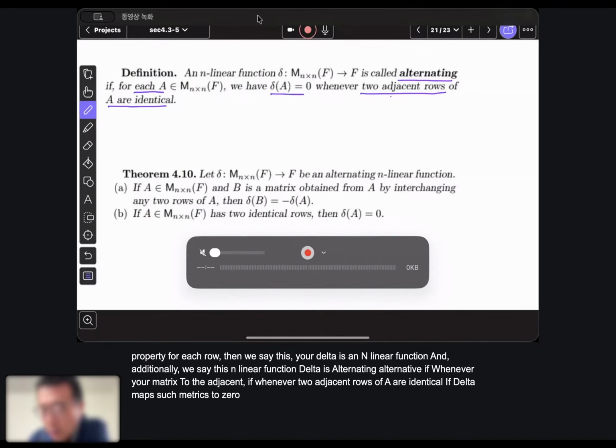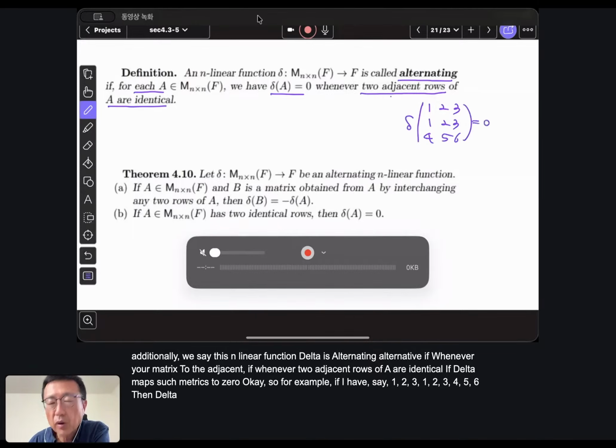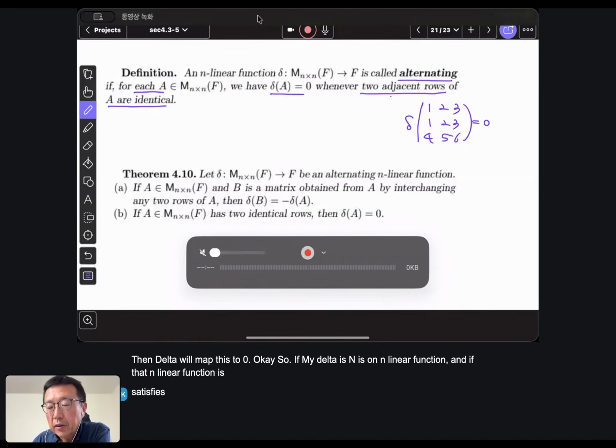So for example, if I have 1 2 3, 1 2 3, 4 5 6, then delta will map this to 0. So if my delta is an n-linear function, and if that n-linear function satisfies that property, then we say it is an alternating function.